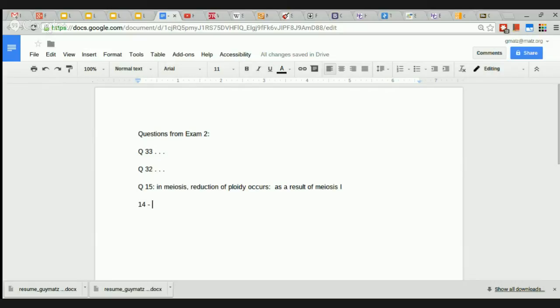Another P element question. P element is active in all cells? No, it's active only in pole cells, so you cross that out. Is a functional transposon carrying transposase? Maybe. Is active crossing of P female? Cross that out, it has to be an M female. Is functional carrying the reverse transcriptase?